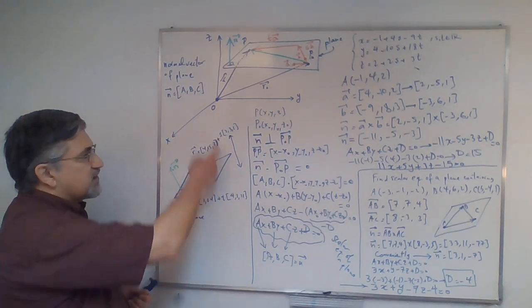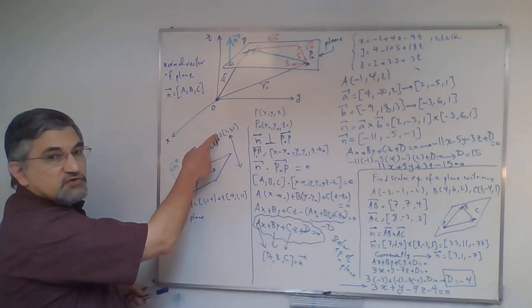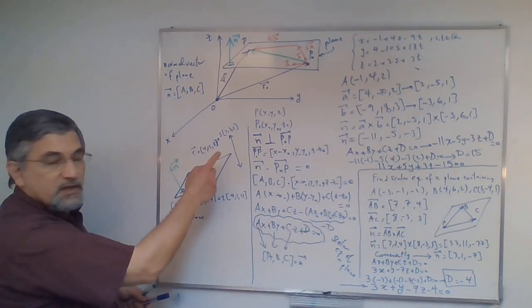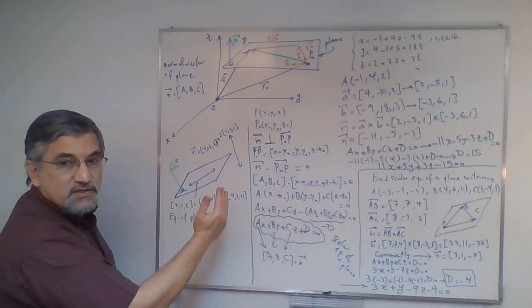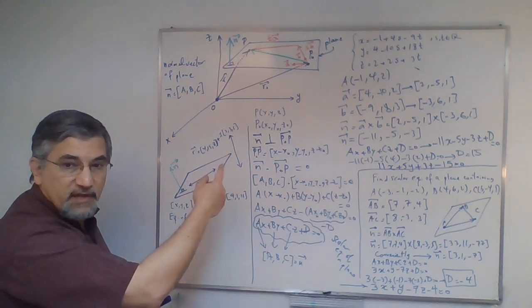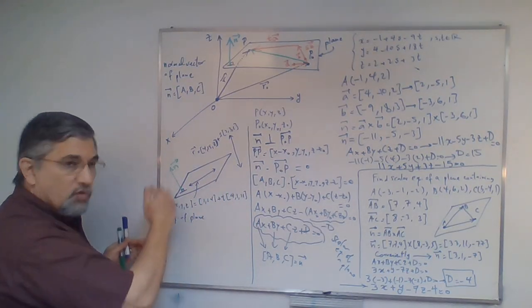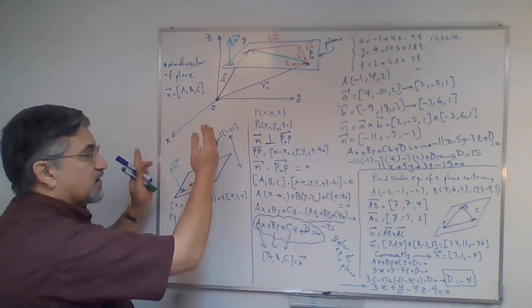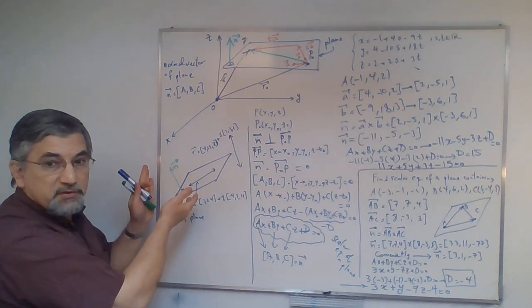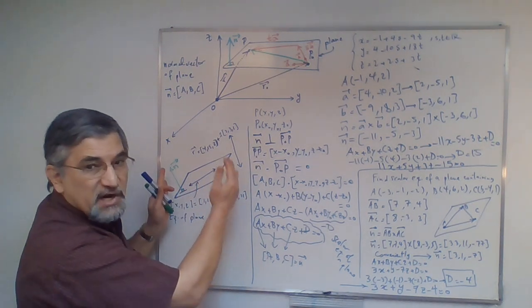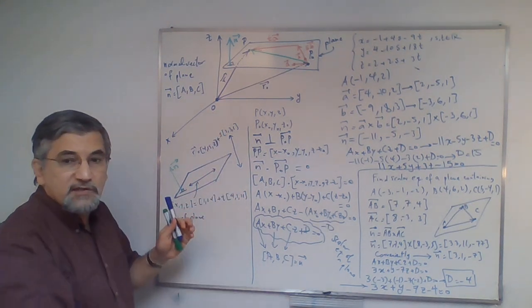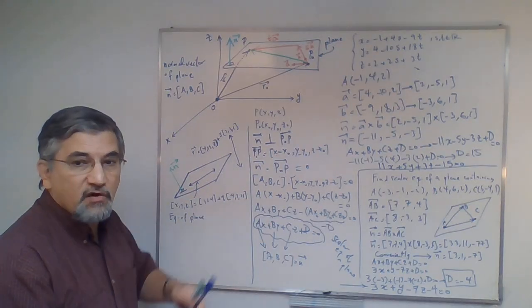Now the thing is that this other line has this direction vector of 2, 3, 1, and that direction vector of that line can play the role of the normal vector of the plane, because the normal vector of the plane, which is perpendicular to the plane, happens to be parallel to this line, or the direction vector of the line.